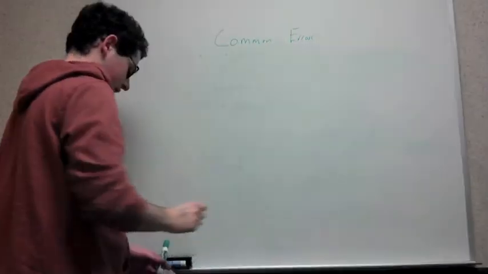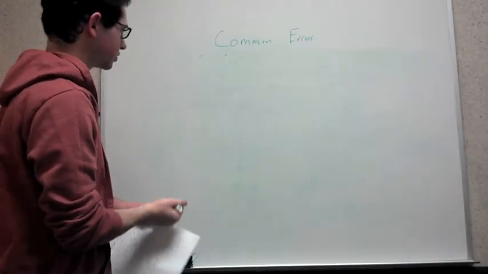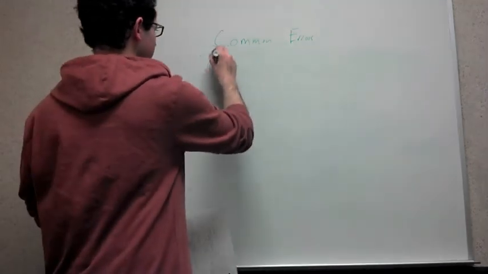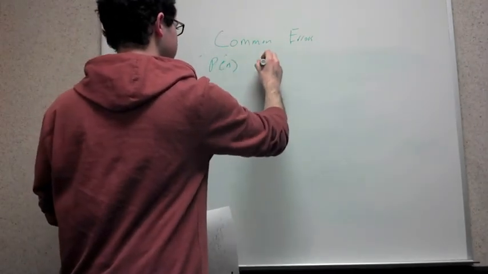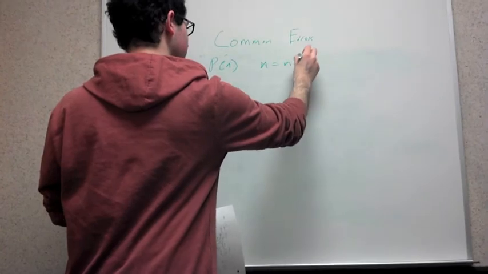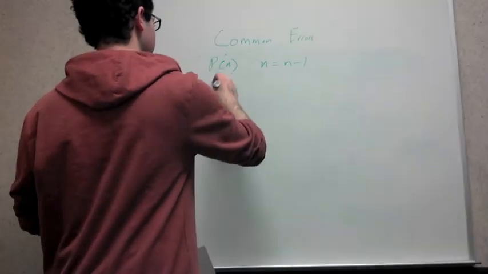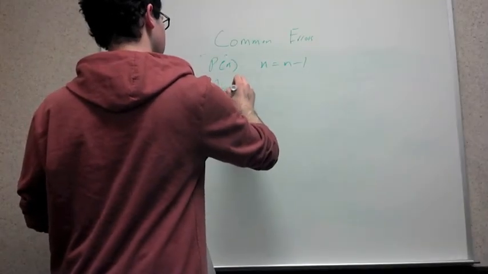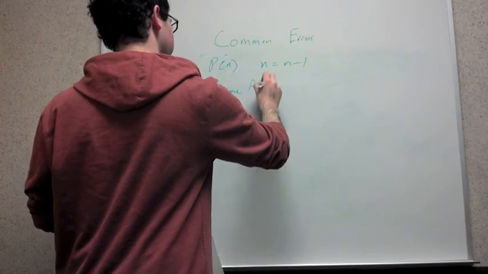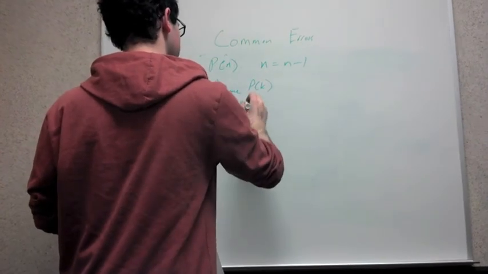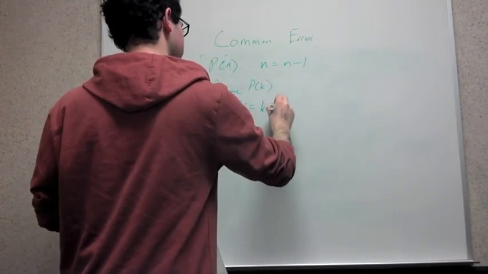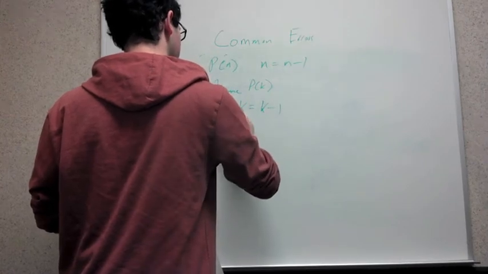Another error is not proving the base case. So say we're trying to prove P of n, which says n equals n minus 1. So we'll assume P of k is true. Say k equals k minus 1. We'll add 1 to both sides.